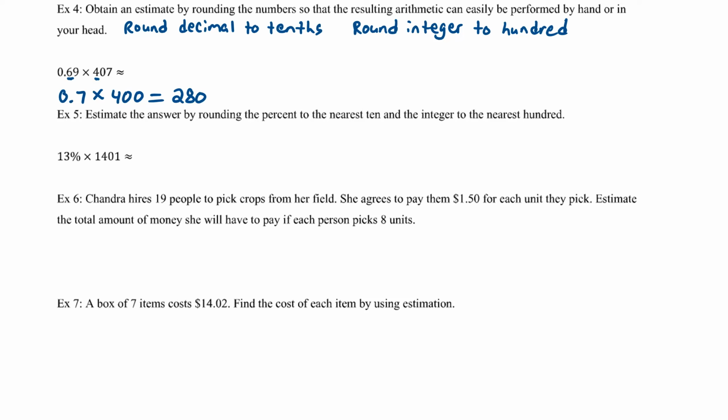Number 5, estimate the answer by rounding the percent to the nearest 10 and the integer to the nearest 100. So we have our percent, and when we are dealing with percentages like this, with multiplication or anything like that, we always convert the percentage to a decimal.